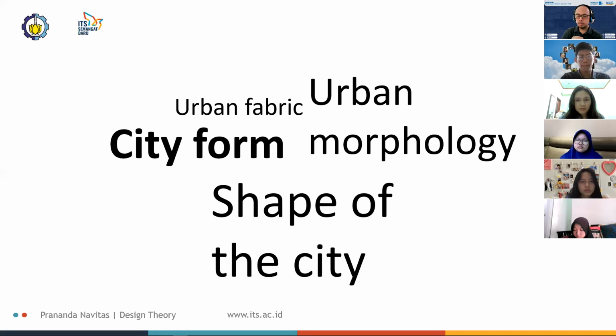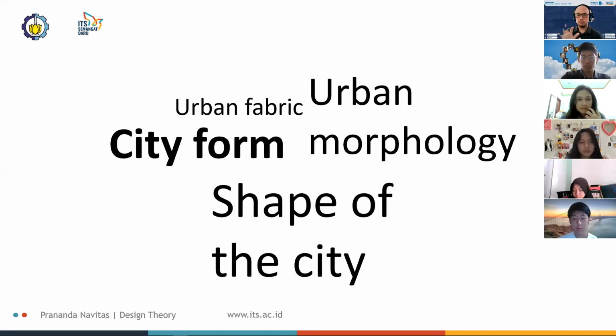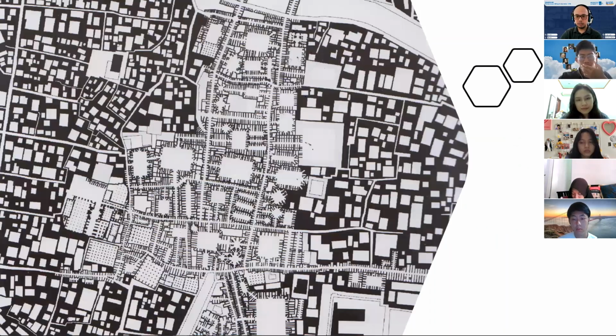So urban morphology basically takes a look at how the city is shaped. Of course, we will be looking at a city from above, so we'll be dealing mostly with images such as this.